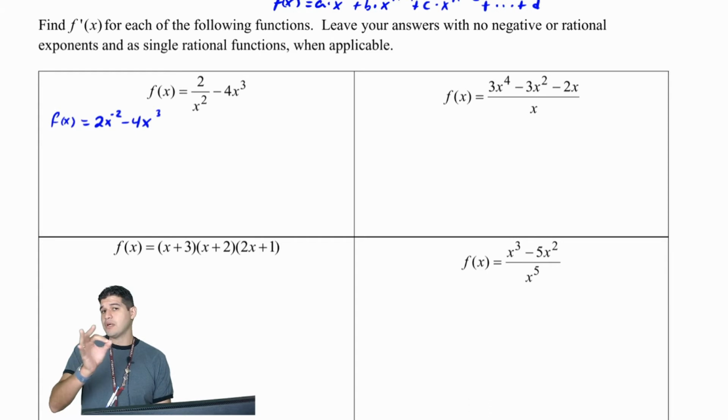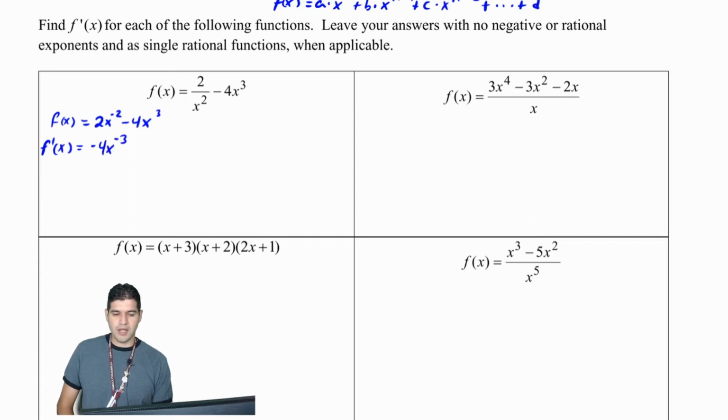Now I'm going to apply the power rule. So f prime equals negative 4x to the negative third, so multiply and then subtract 1. Then minus, and multiply 4 times 3 is 12, x, 3 minus 1 is 2.